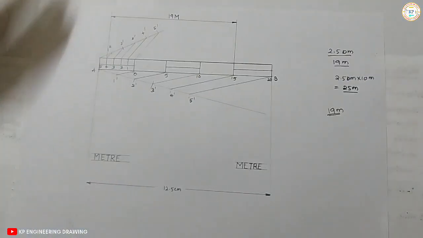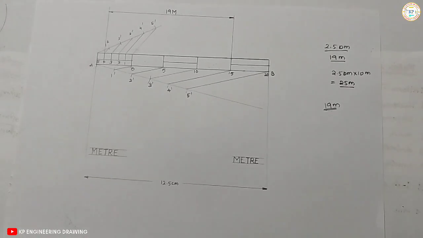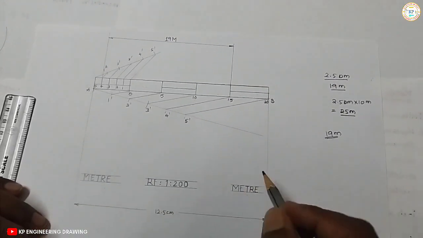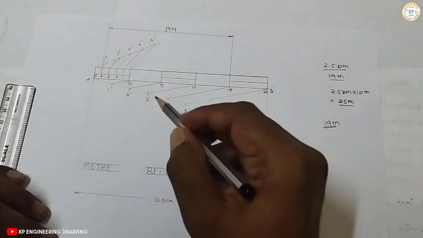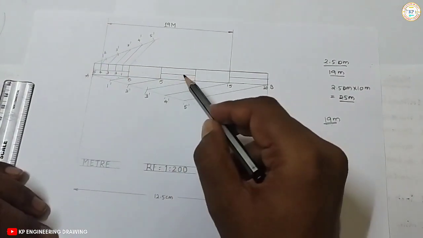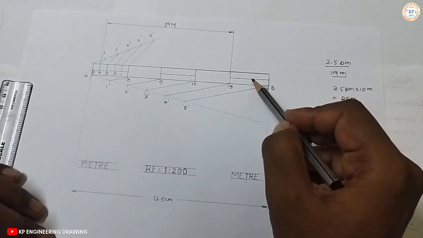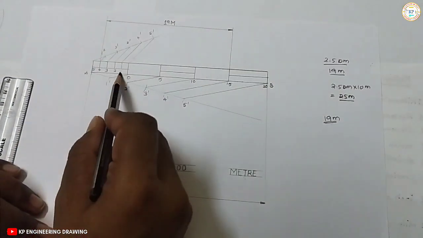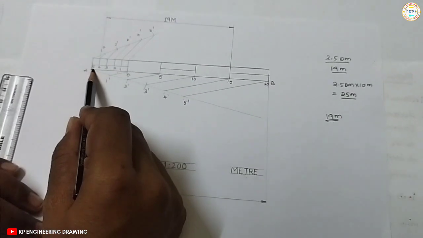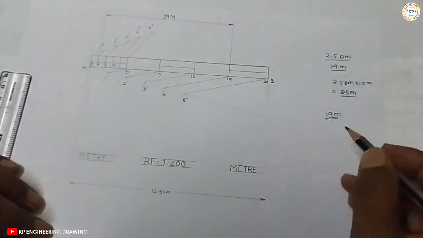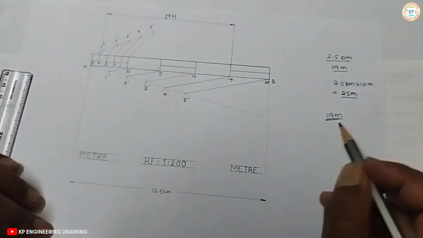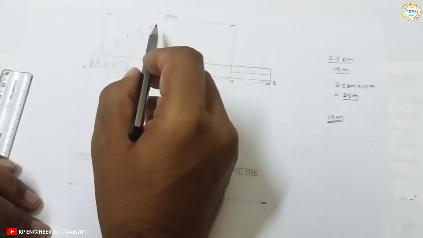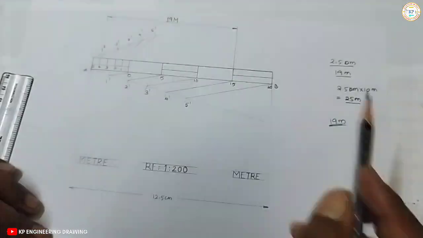So this is the way to draw the plane scale when RF is not given. We have to find it. Both the scales are in meters. The main scale is in 5 meters, 10 meters, 15, 20 and 25 meters, and the subscale is also in meters, that is 1, 2, 3, 4 and 5 meters. So now we have to mark 19 meters, that is 15 meters and 4 meters. 15 plus 4, 19. So total is 19 meters.